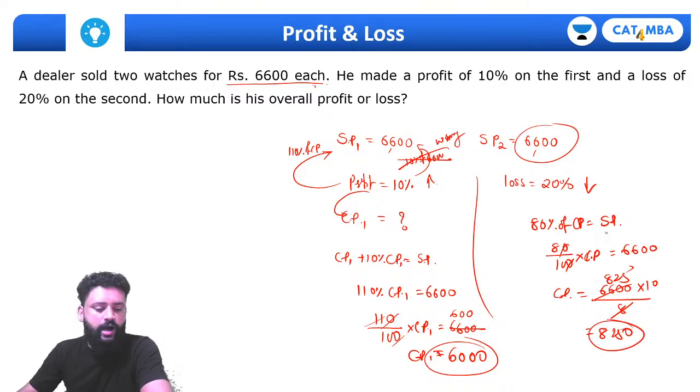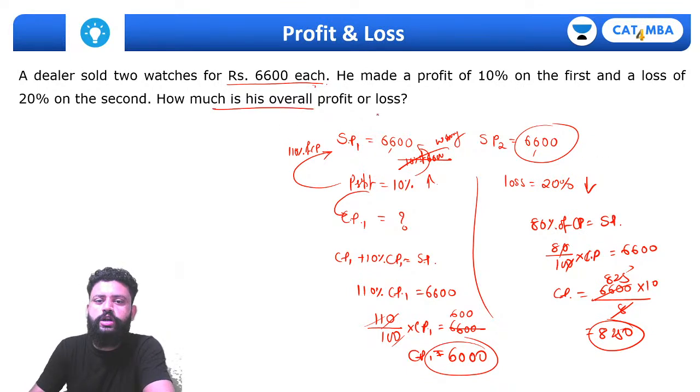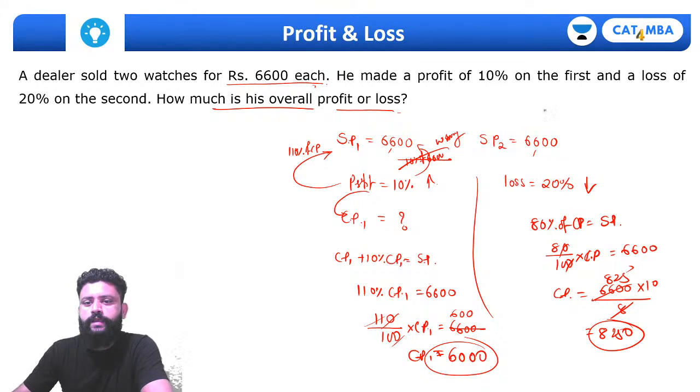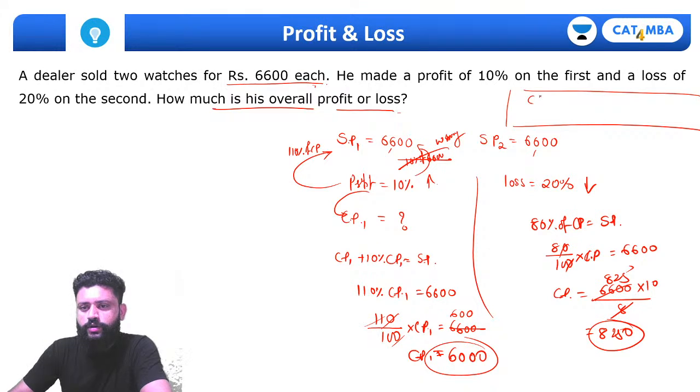So what is the total cost? Final answer, Shivam, what should it be? How much overall profit or loss? I'm writing the overall transaction here, let's go quickly. Overall cost price is 6,000 plus 8,250, that comes out to be 14,250. That was the cost price.